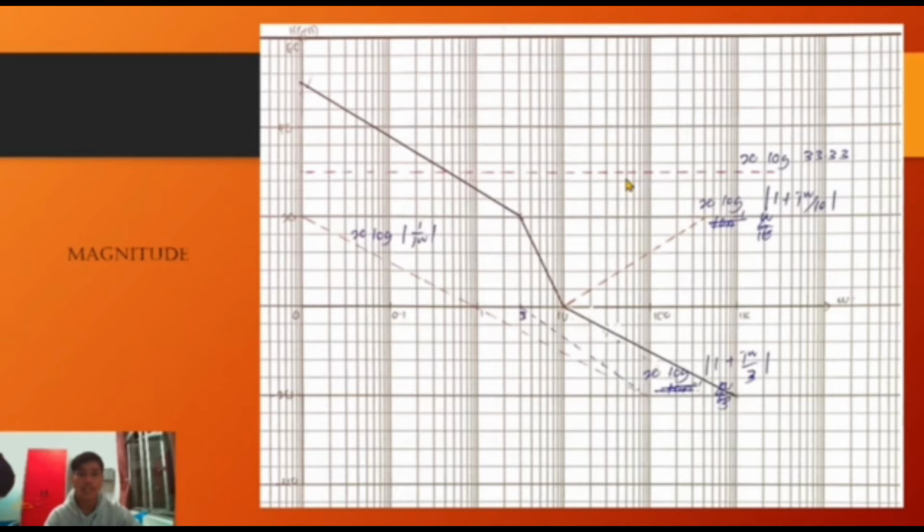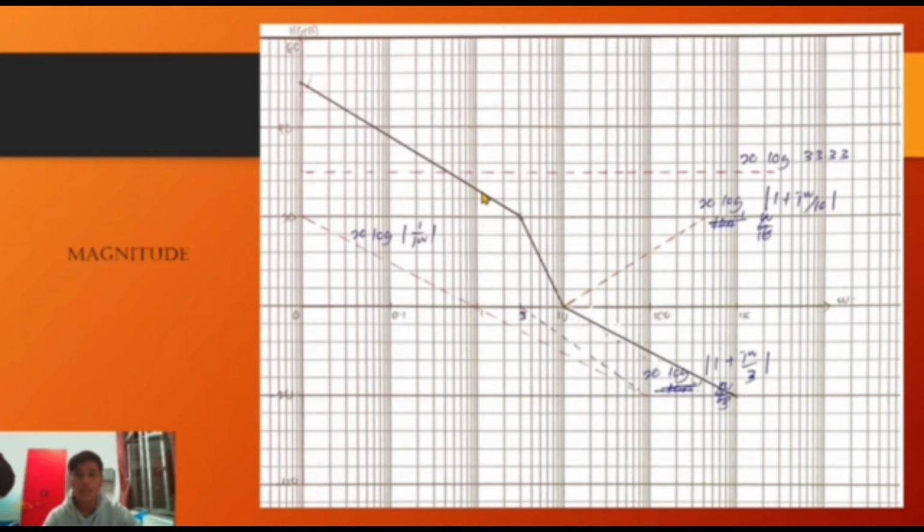The purple line is for the gain, the red line is for the pole at the origin, the green line is for the simple zero, and the blue line is for the simple pole. Firstly, at frequency 0, we have 20 dB plus 30 dB, we got 50 dB.